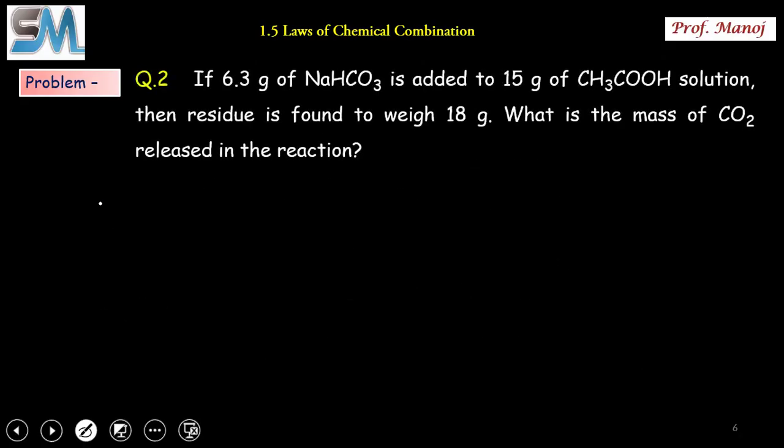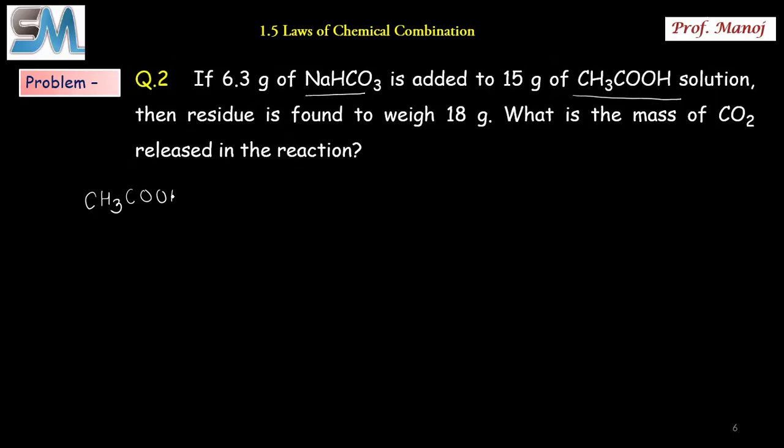Let us go ahead, take another question similar to this and check what reaction is given to us. 6.3 gram of NaHCO3 is added to 15 gram acetic acid. So let us try the equation first. This is CH3COOH, a carboxylic acid, treated with NaHCO3.